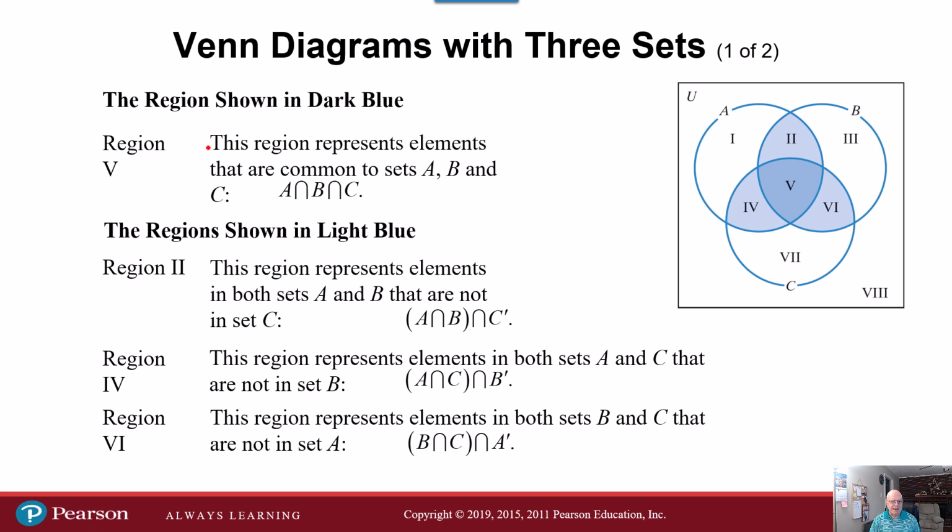These are just sort of warm-ups to see whether you really understand what's going on. So region V or region 5, excuse me, reading ahead here. You want to find A intersection B intersection C. That means what is in all three of those sets?